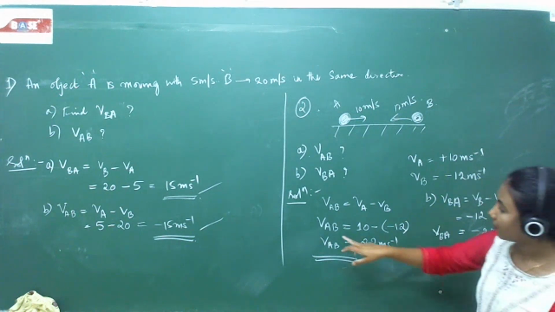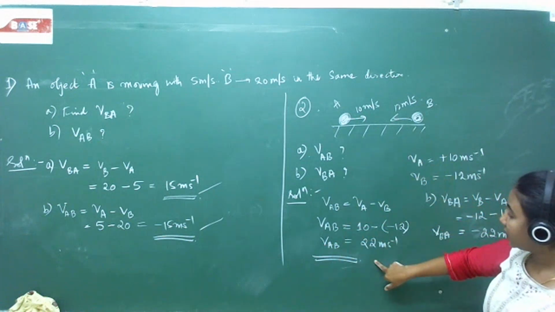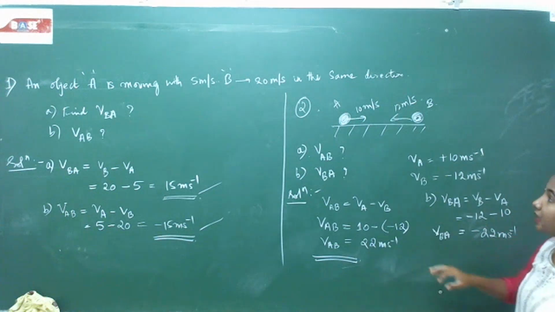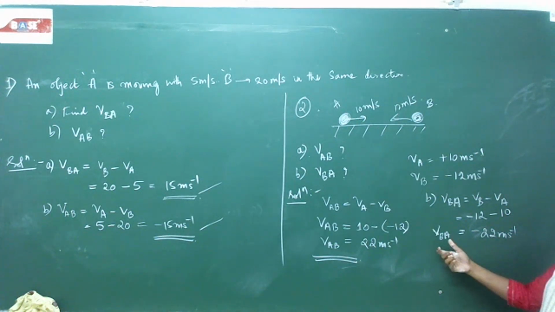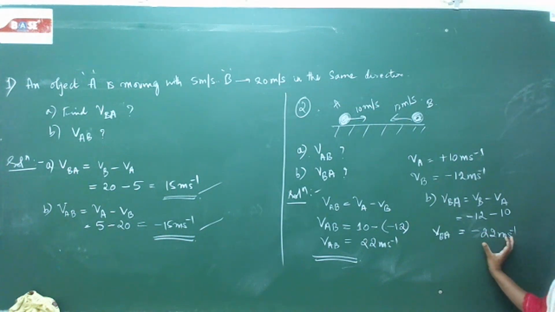So with respect to B, the velocity of A is 22 meters per second. But if you observe the velocity of B with respect to A, it is negative 22 meters per second. So this is the relative motion.